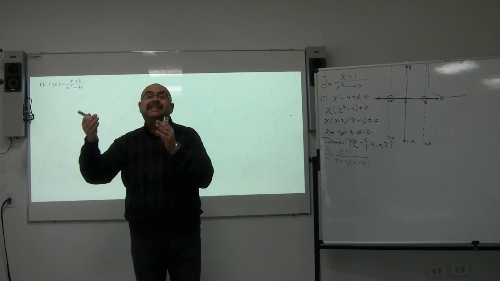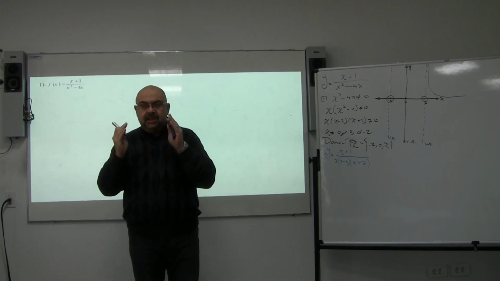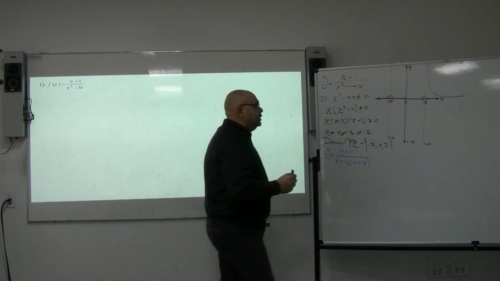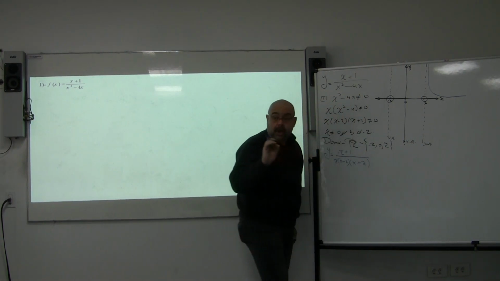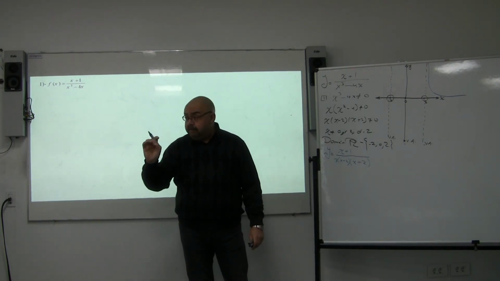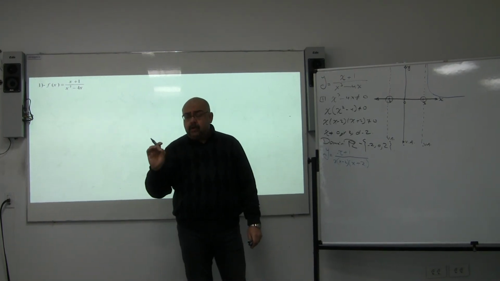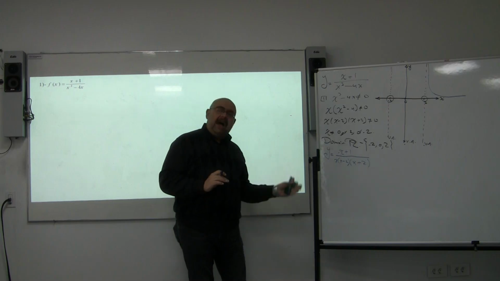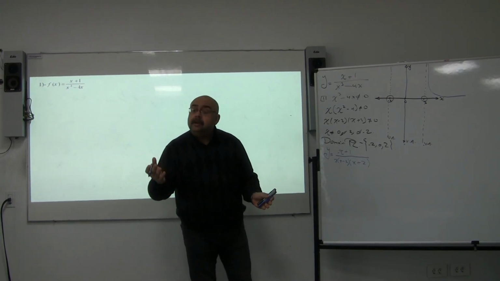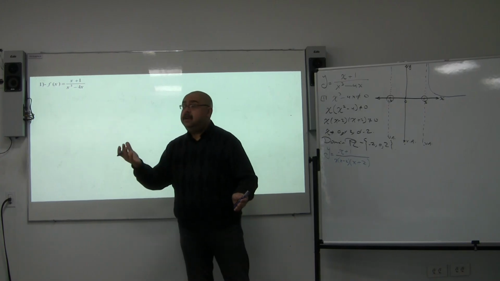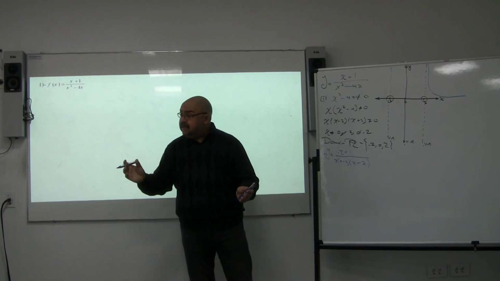I will do exactly the same within the middle region, which is between +2 and 0. Start by taking a number which is really very close to 2, but from the other side. What do you suggest? Let's take 1.9, 1.99, whatever. It's a value less than 2.